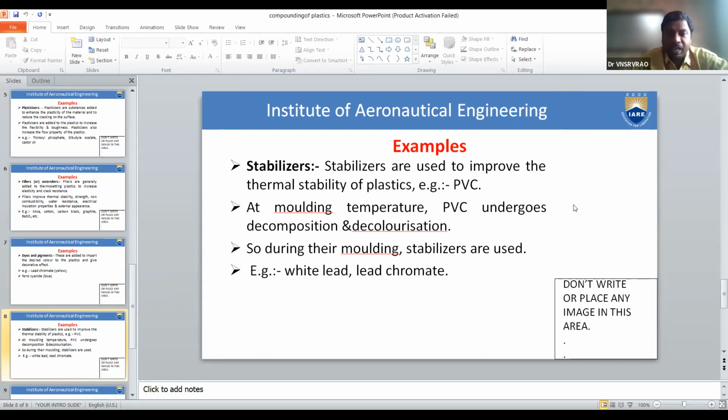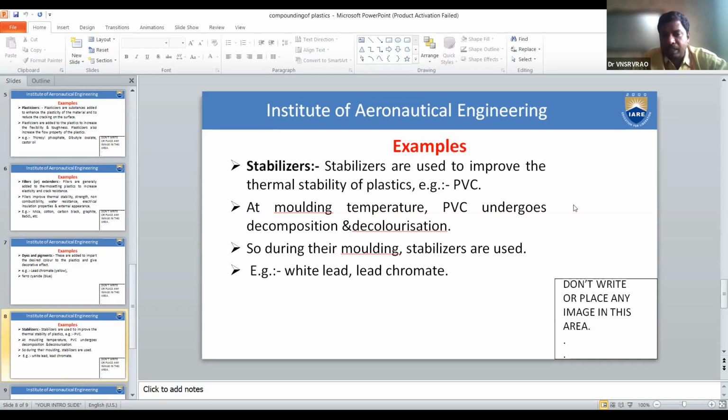At very high temperature, PVC undergoes decomposition and decolorization, because PVC is produced by addition polymerization, which involves weak van der Waals forces. So it is necessary to improve the strength of the PVC. For that purpose we add stabilizers, especially during molding.